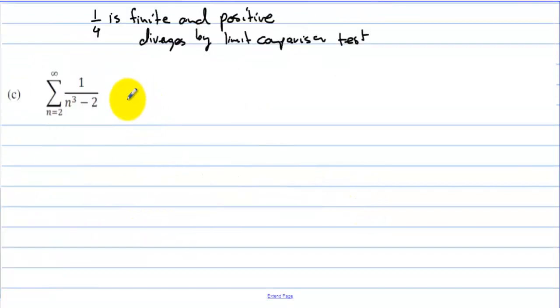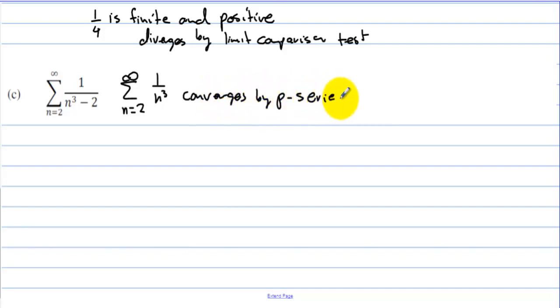For letter C, we're going to compare this to the sum as n goes from 2 to infinity of 1 over n to the third, which converges by p-series test. And then we'll do the limit as n approaches infinity of 1 over n to the third minus 2, over 1 over n to the third.